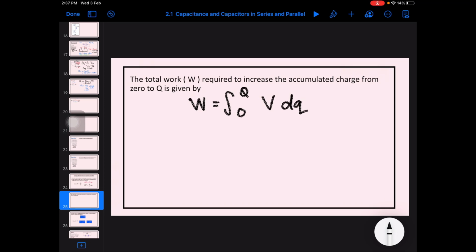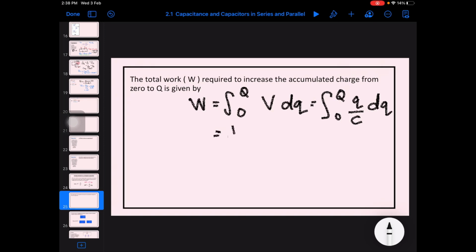So when we integrate, we substitute V with Q over C, from 0 to Q, this is Q over C dq.